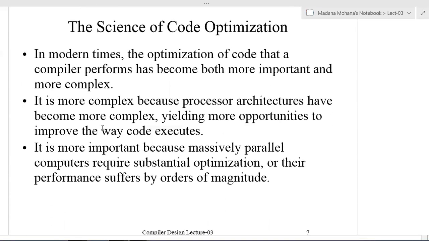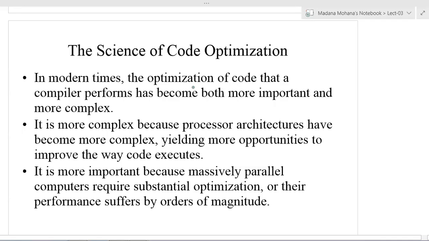Then in modern times, the optimization of code that a compiler performs has become both more important and more complex. It is more complex because processor architectures have become more complex, yielding more opportunities to improve the way code executes.